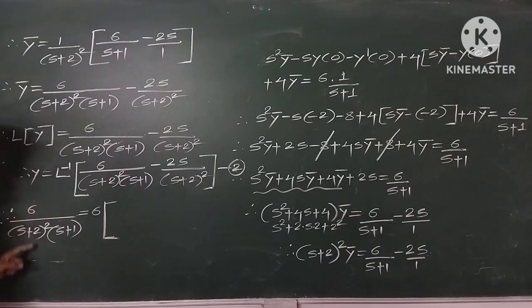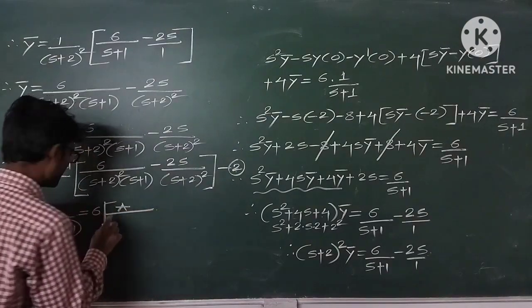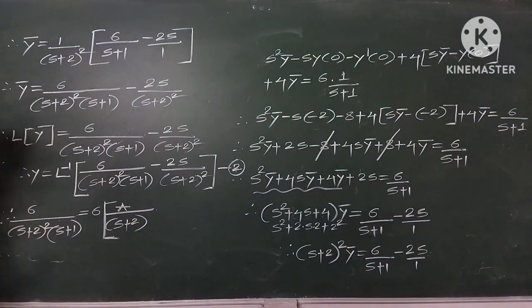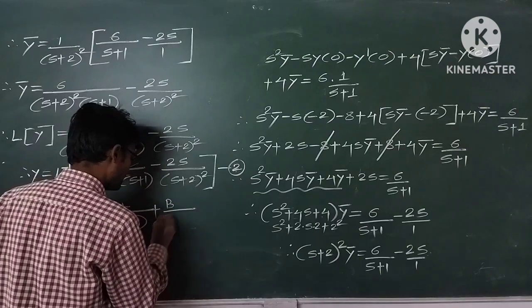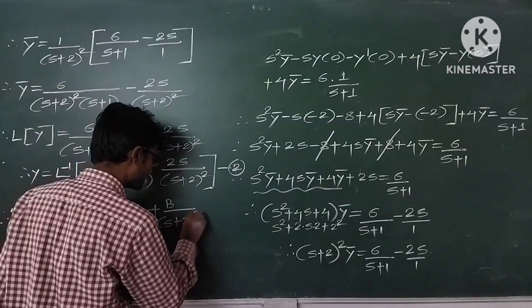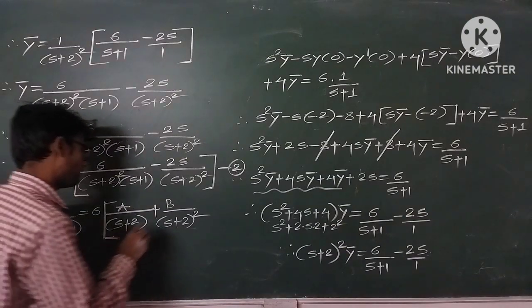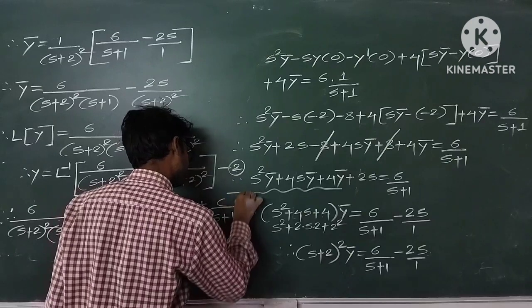See, 6 divided by (s plus 2) whole square into (s plus 1). We are writing this as 6 into A divided by (s plus 2) plus B divided by (s plus 2) whole square plus C divided by (s plus 1).